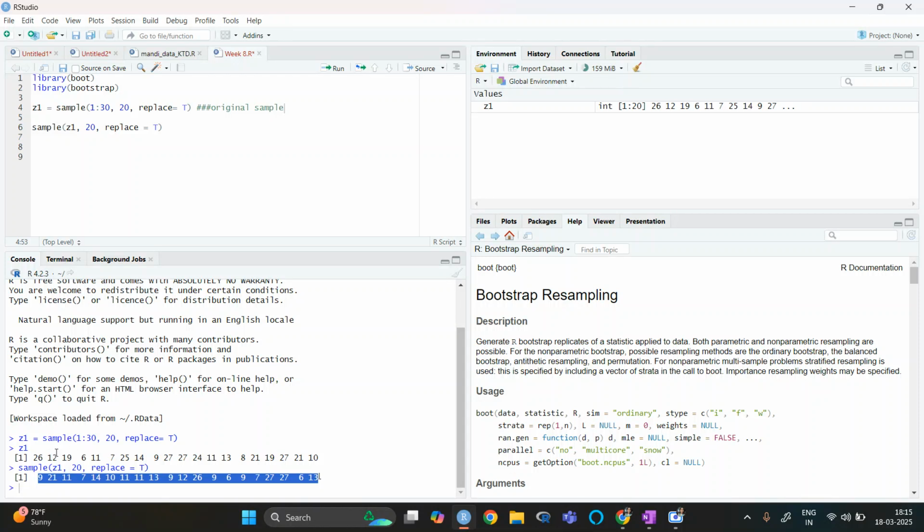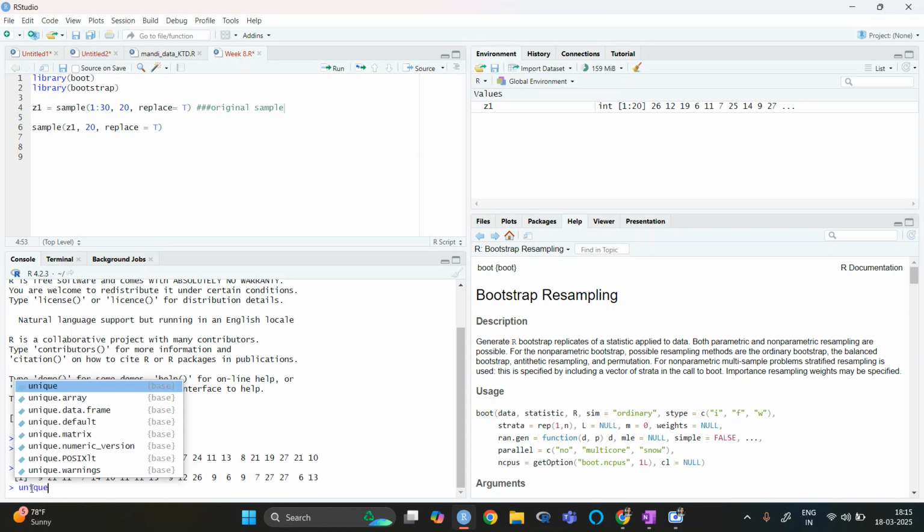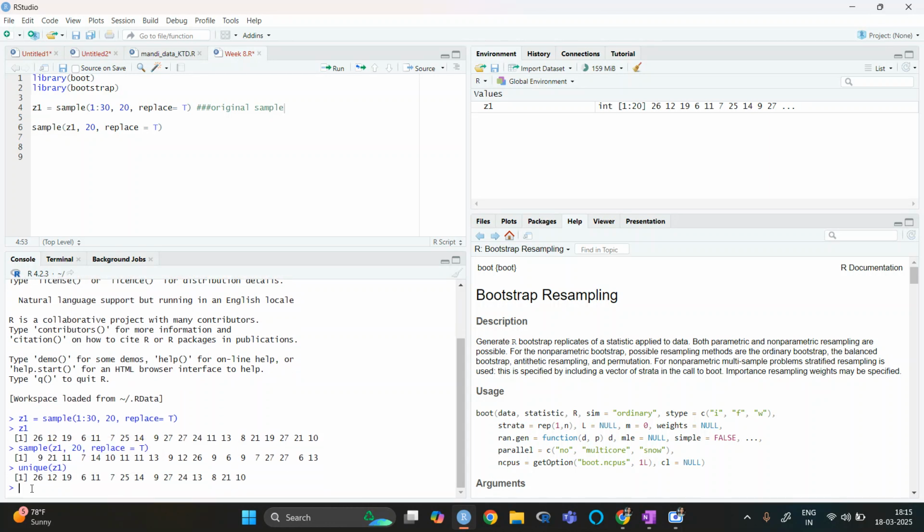So you can see that if there is a number between 1 to 30 which is not present in Z1, let me just write unique Z1. So you can see that there are 1, 2, 3, 4, 5, 6, 7, 8, 9, 10, 11, 12, 13, 14, 15. So there are 15 unique numbers.